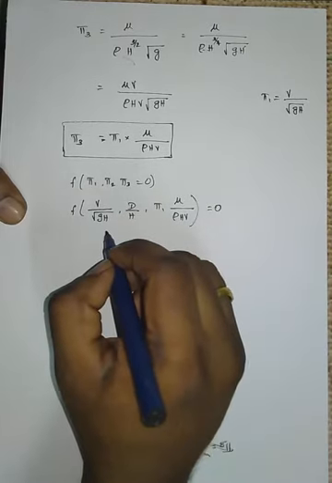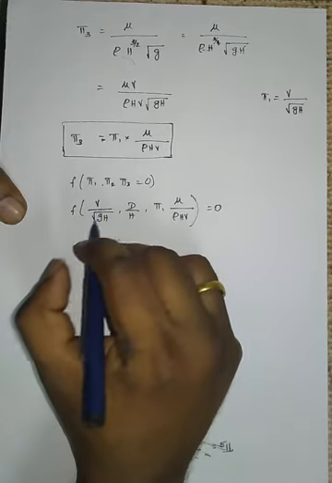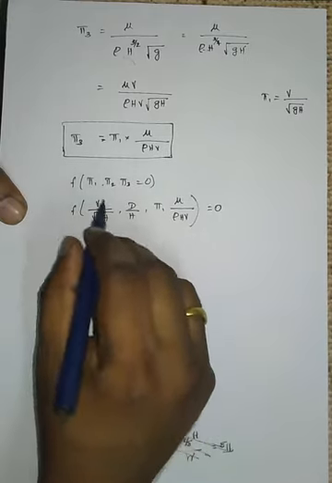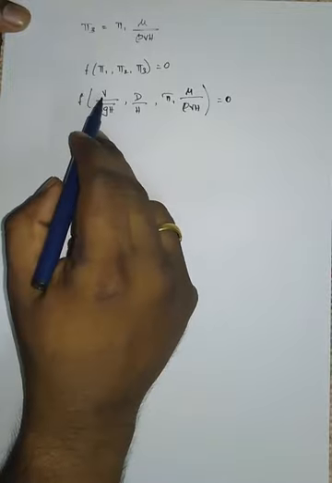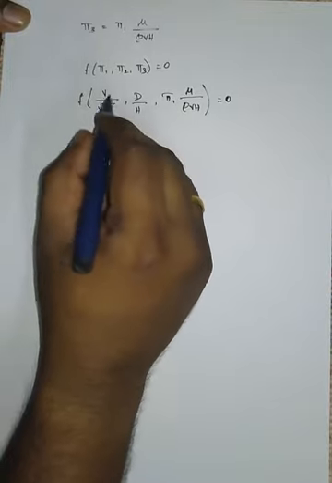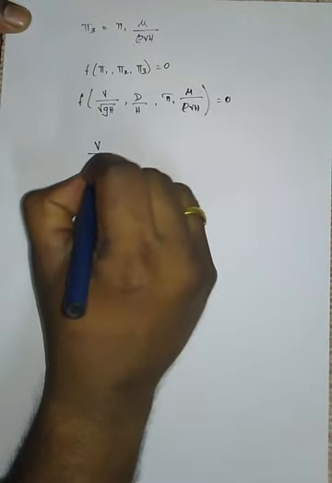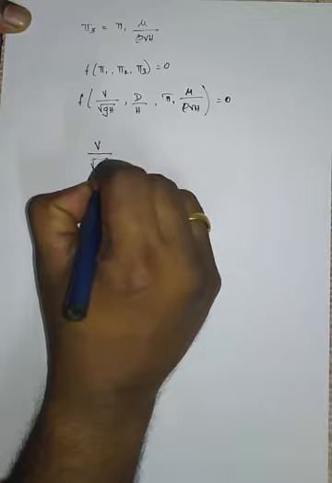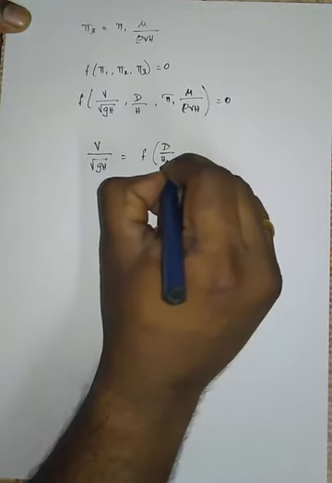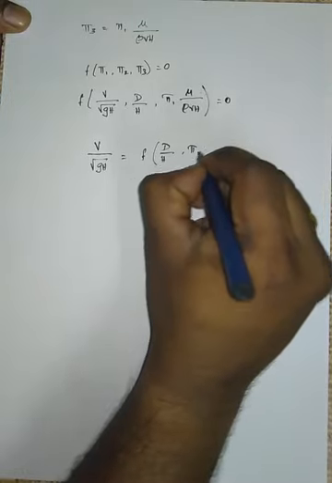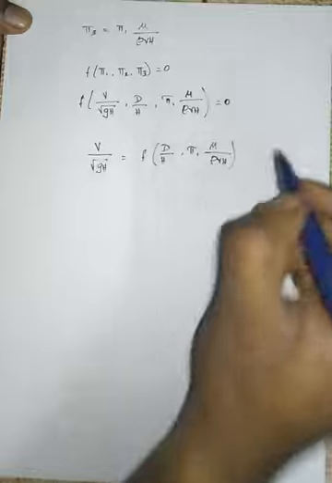In the final answer, you must have v on the right hand side. In the problem it is asked to find the velocity, so I am taking this term out and bringing it to the right side. So v divided by root of gh equals a function of d divided by h, comma pi 1 mu divided by rho v h.